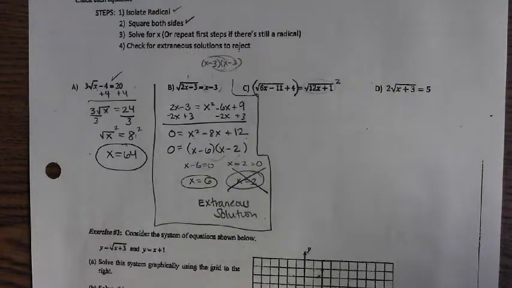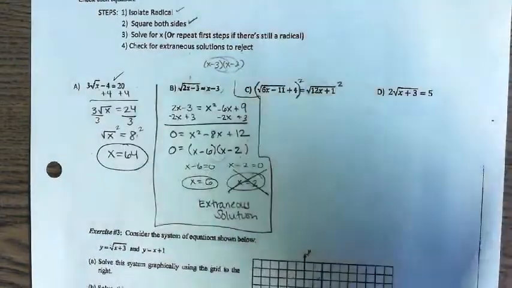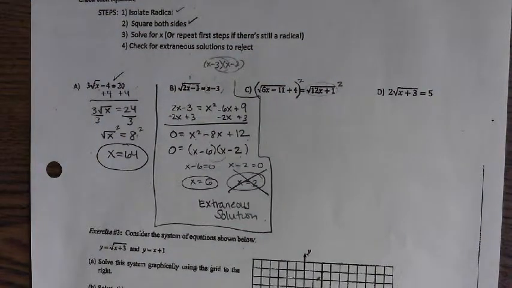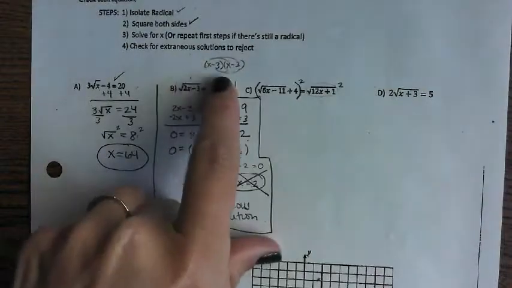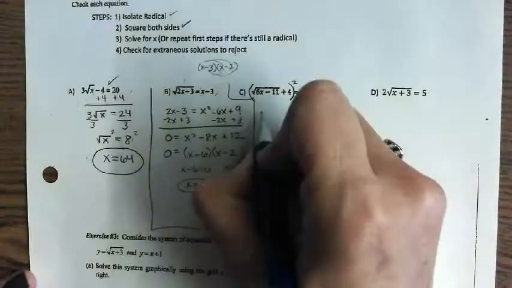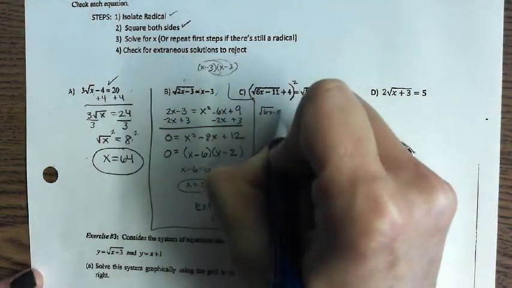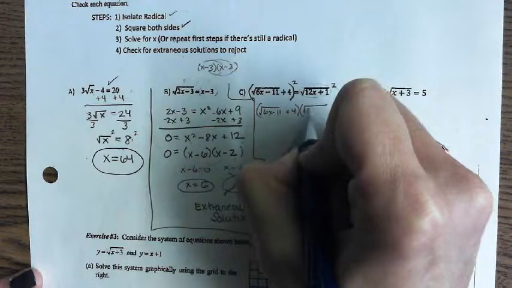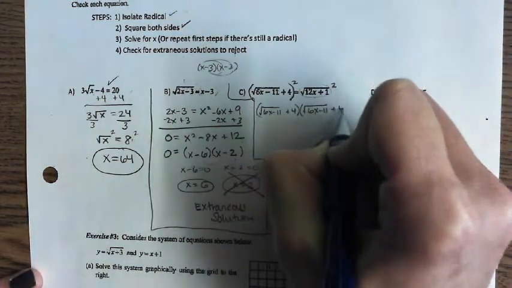That needs to be squared using the FOIL method, which is going to be pretty long and ugly. Because it isn't as straightforward as squaring the previous binomial, I'm definitely going to write this one out. Root 6x minus 11 plus 4 times root 6x minus 11 plus 4.